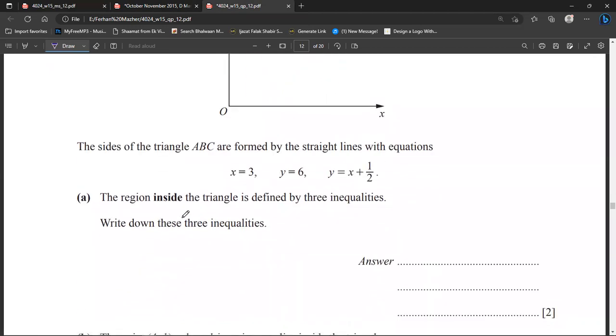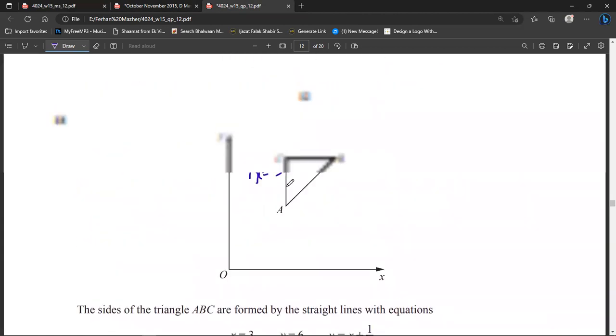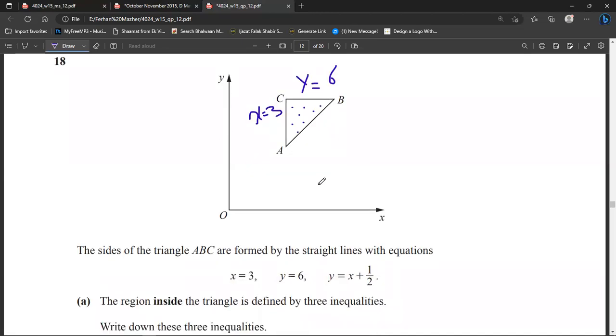Okay, the region inside the triangle is defined by the inequalities. Write down those inequalities. So this region is inside, bounded by these lines. This is y equals x plus 1 by 2.